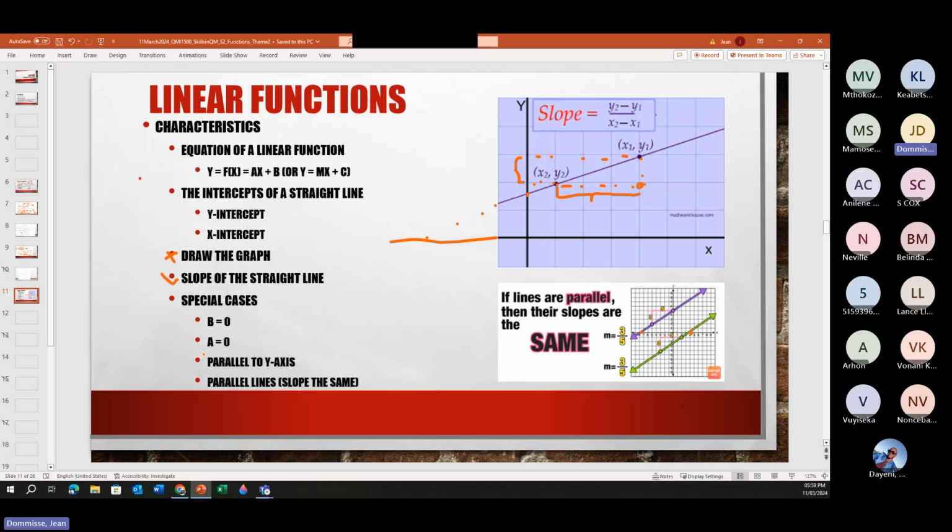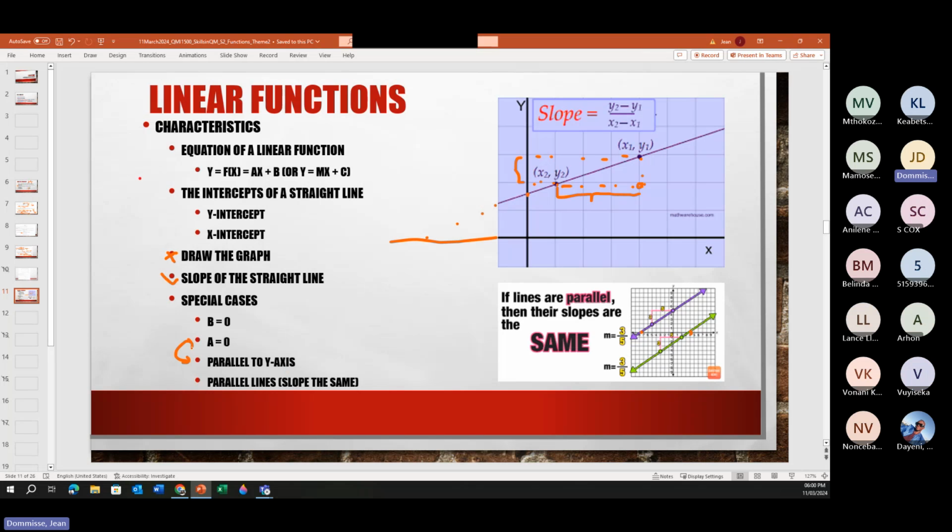For example, if the b is 0, then we have a straight line. Sorry, if b is 0, the line will go through the origin. If the a is 0, it will be a straight line parallel to the x-axis. If it is parallel to the y-axis, those two are exactly the same.